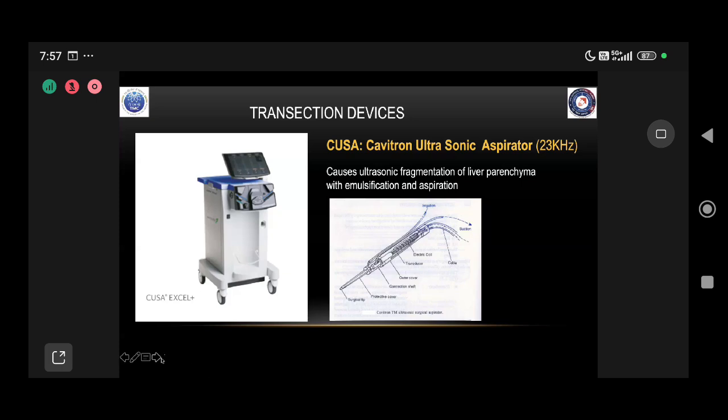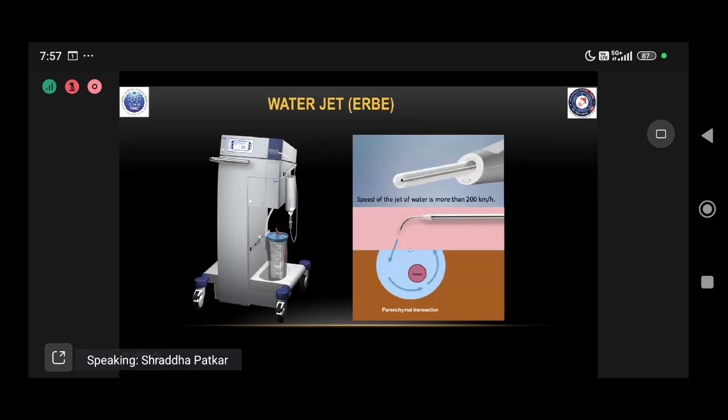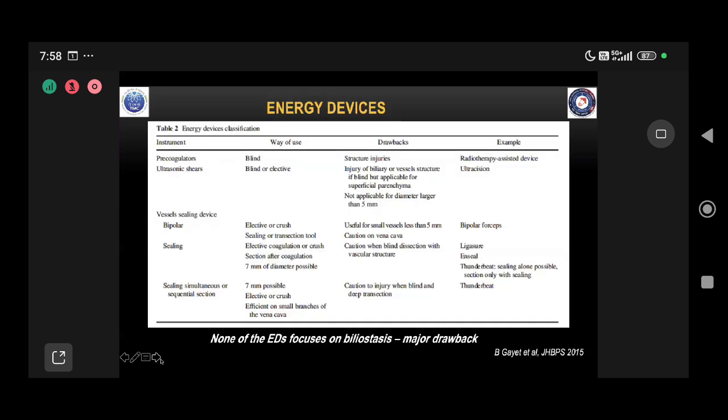The most commonly used is the CUSA or the Cavitron Ultrasonic Surgical Aspirator. We used to have the water jet previously, a very simple device which uses the water current to transect the liver parenchyma.